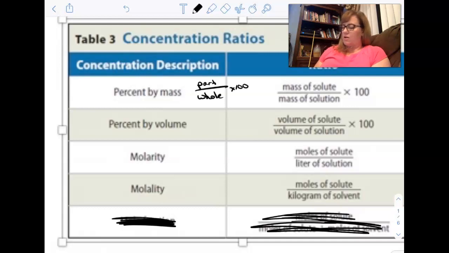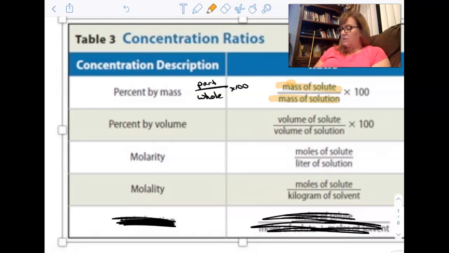Well, if you look at the formula here, mass of solute, that's the part that we're looking at, how much solute is in this solution. And then the whole is the mass of the solution, the total whole, times 100. If you look at percent by volume, it is almost identical formula. You're just looking at the volume of the solute and the volume of the solution rather than the mass.